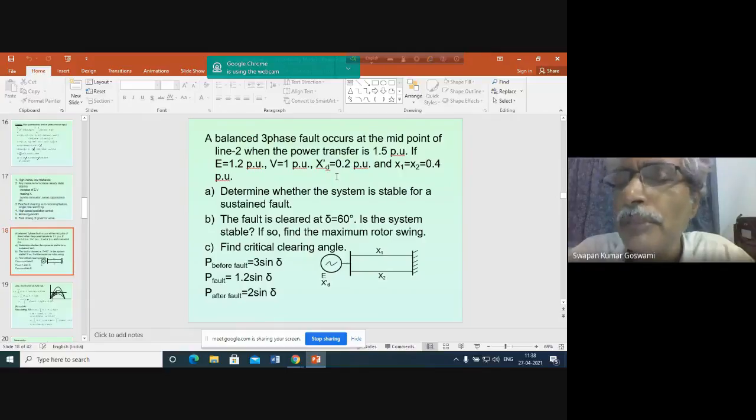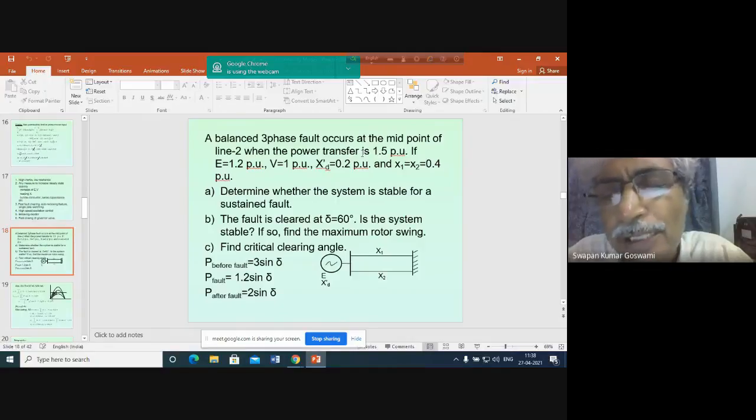Because of this induced EMF, there will be some additional current flowing in the field winding and some current flowing in the damper winding. Damper winding is a short circuit winding, so that current will circulate inside the damper winding.